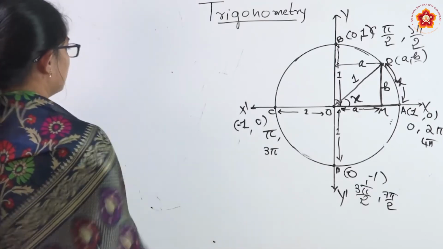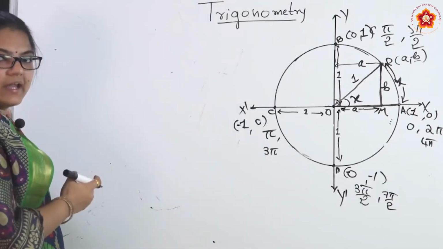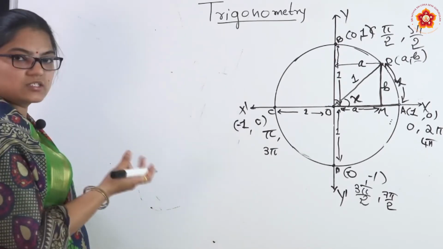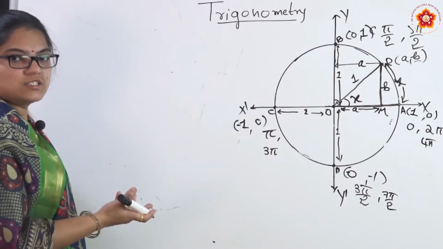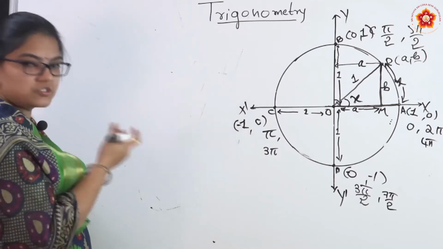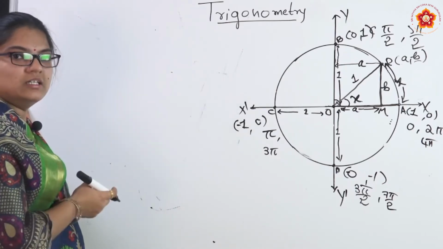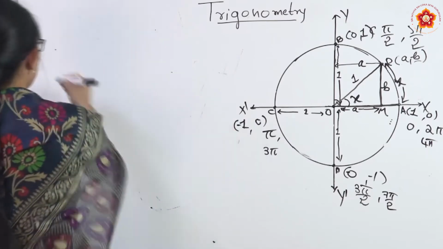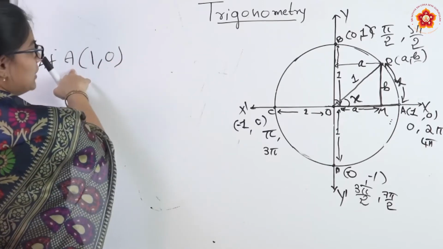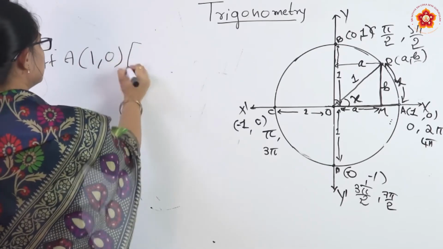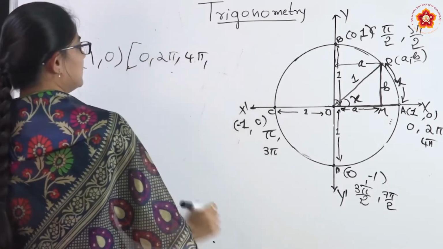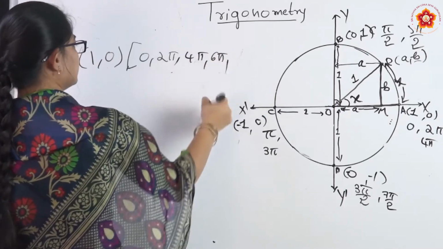So now we have seen that if you have any point on the circle, its x coordinate will give you the cos x value and its y coordinate will give you the sin x value, right, with respect to the position. So the position will define the angle, correct. At A, which is the point 1, 0, you can consider the angles 0, 2 pi, 4 pi, next 6 pi, correct.